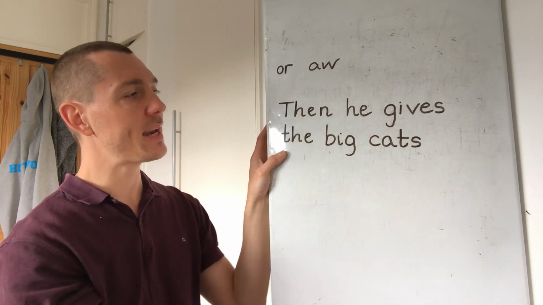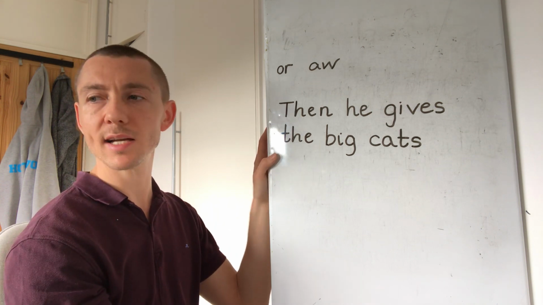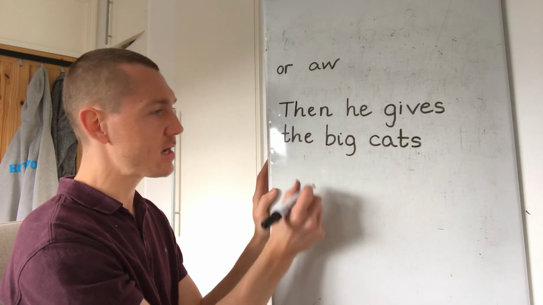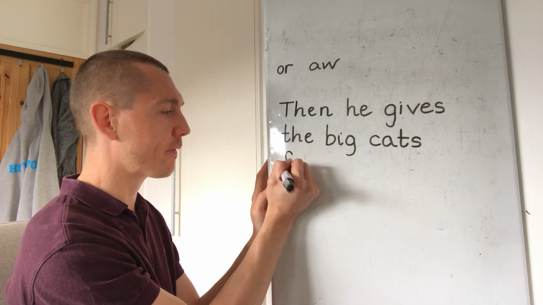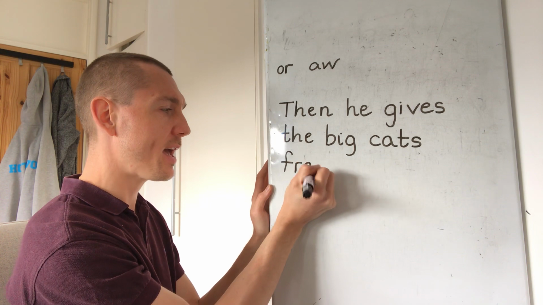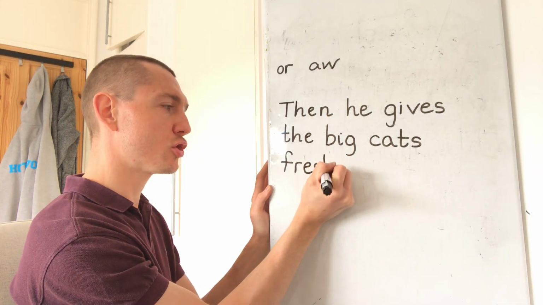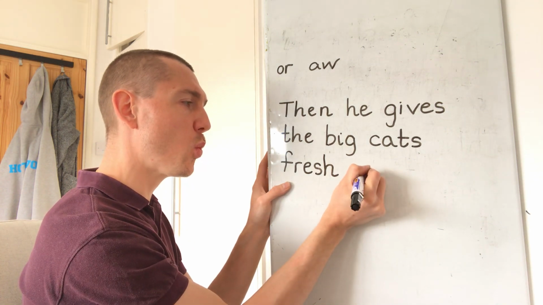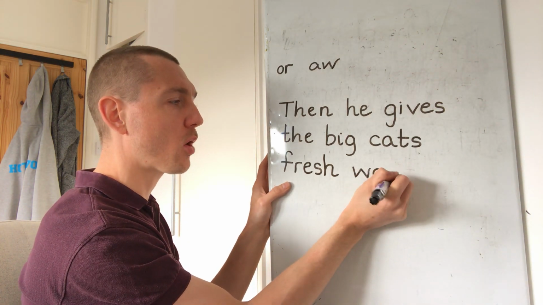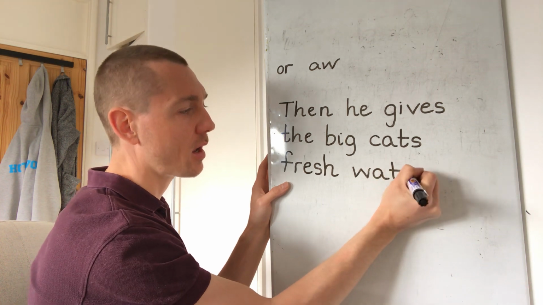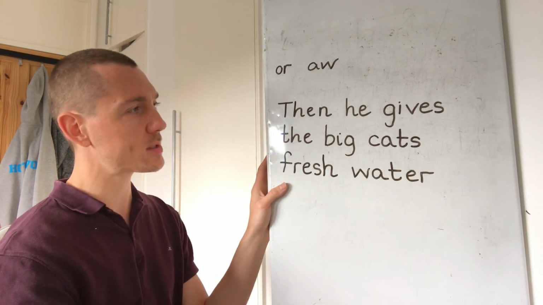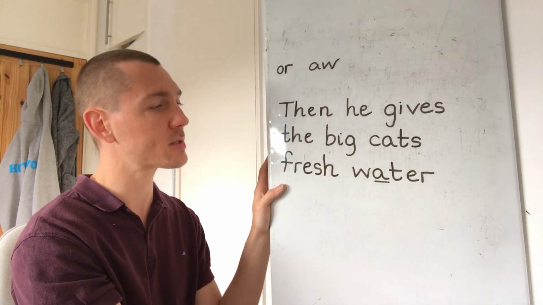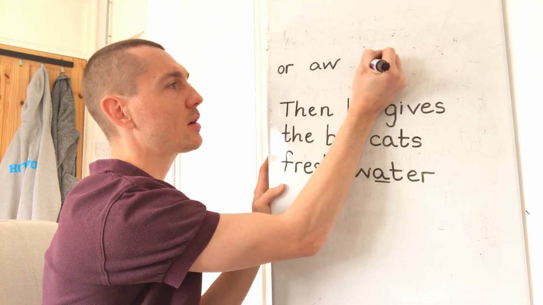Then he gives the big cats fresh water, okay, and we say fresh water, or, water. And we've got the A spelling that time for the or sound in water.